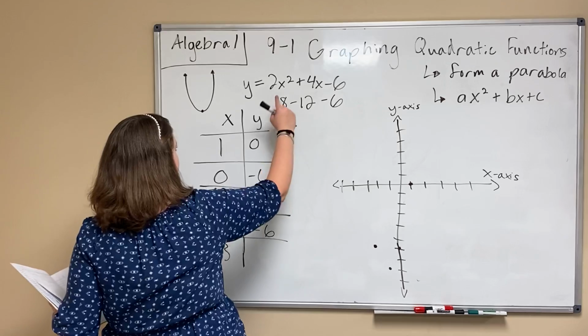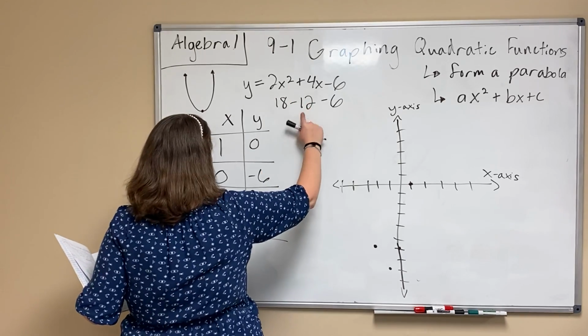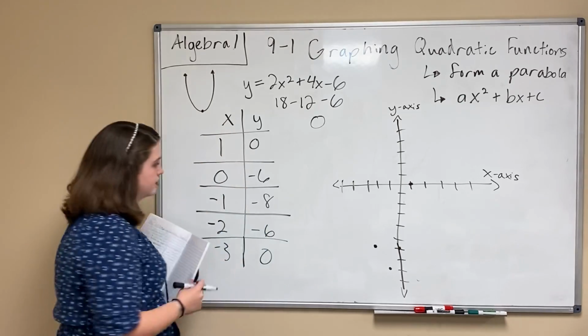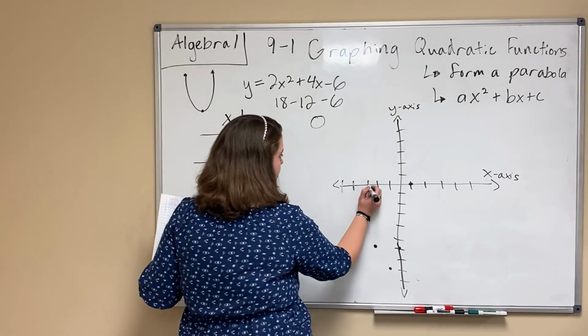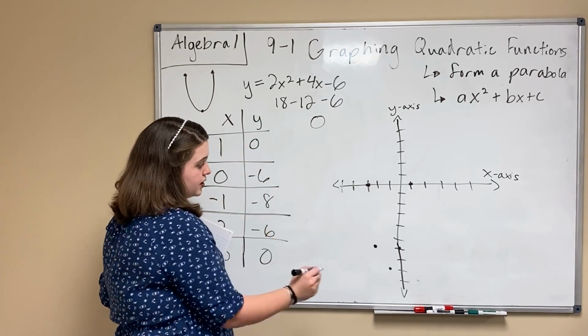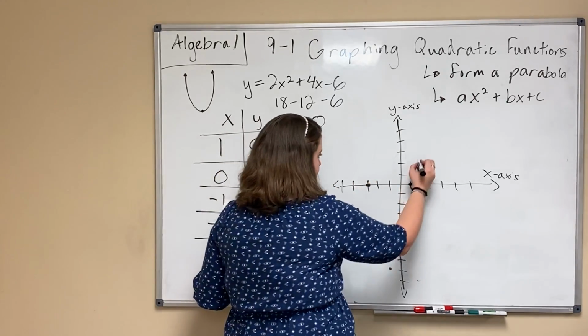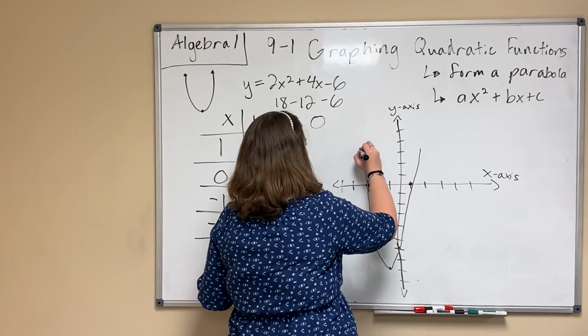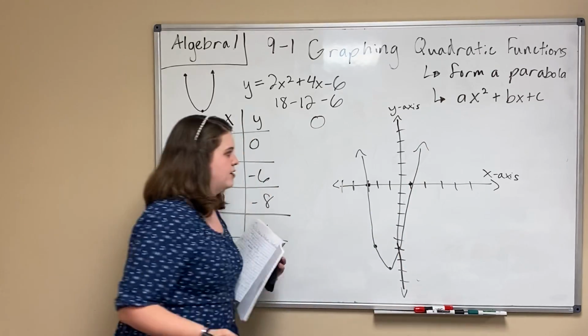All right, 18 minus 12 is 6. 6 minus 6 is 0. So yes, when I hit -3, I'm going to be all the way over at 0. So now that our points kind of go in that shape, we know we did our math right, and we can draw our parabola.